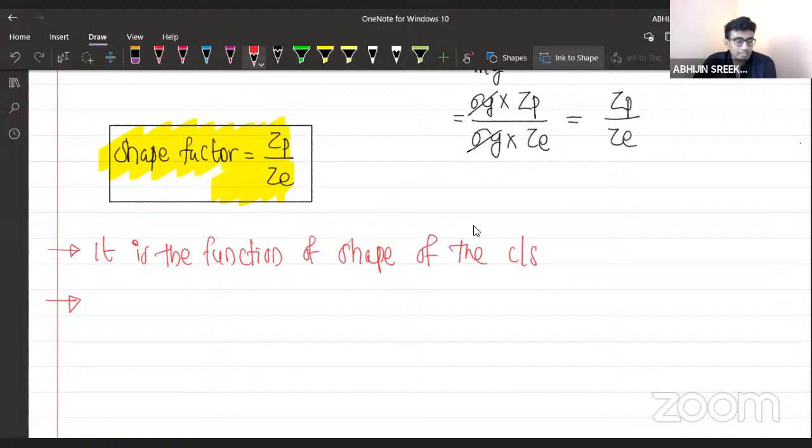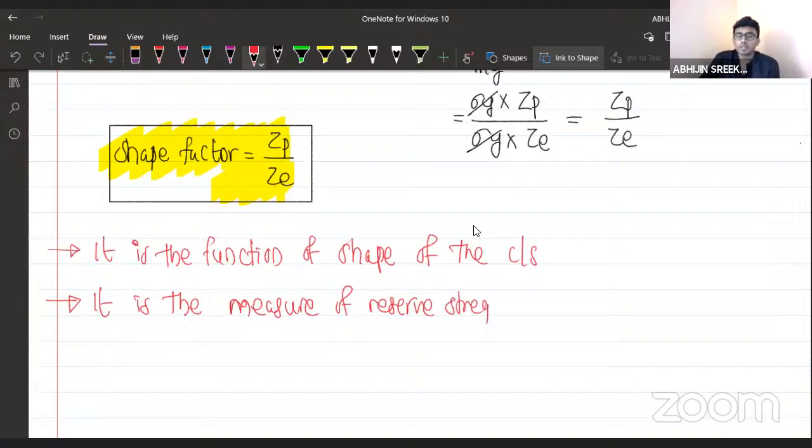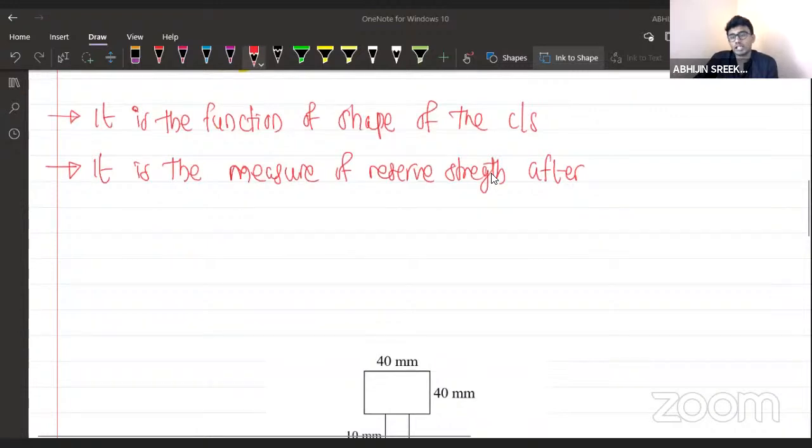It is a measure of reserve strength after initial yielding.